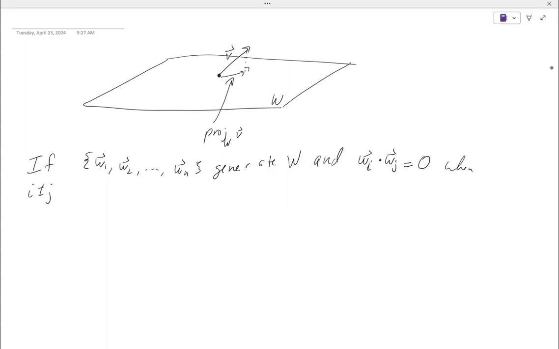think about it if you've had Calc 3, for example, or even physics, they probably talk about it there too. If you talk about your vectors i, j, and k, those vectors form what we refer to as an orthogonal basis for R3.